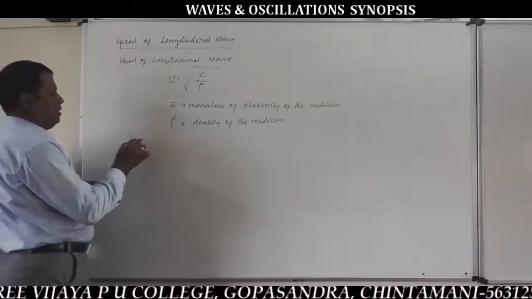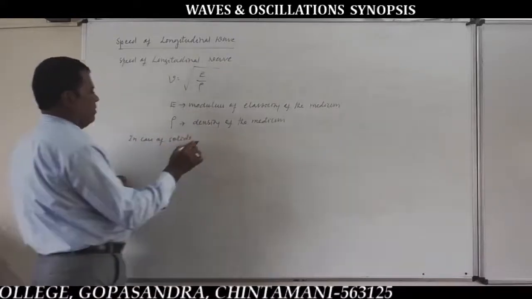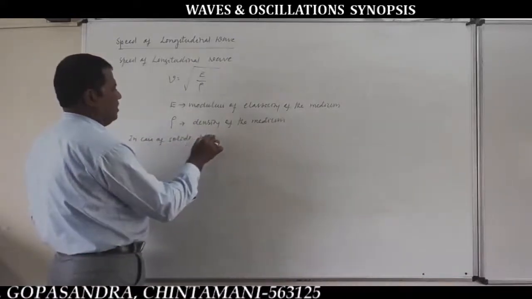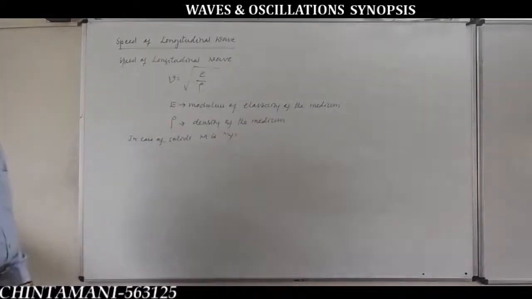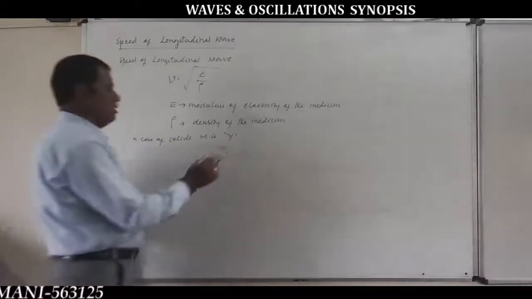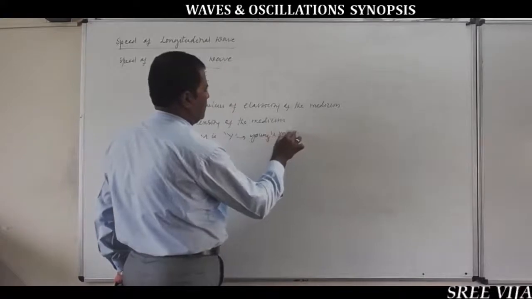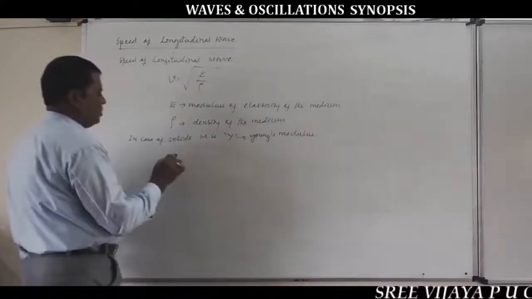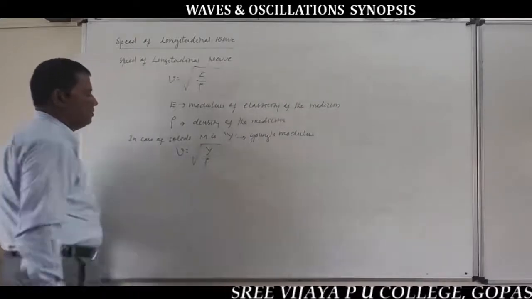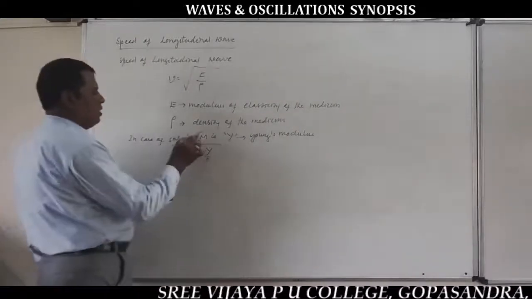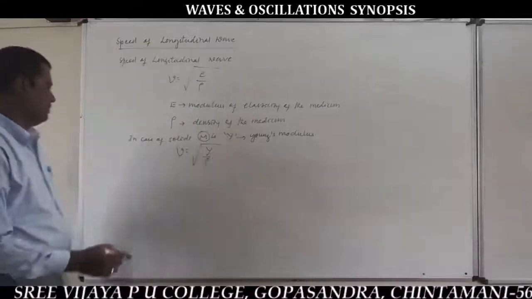In case of solids, the modulus of elasticity is nothing but the Young's modulus Y. So therefore we get V is equal to root of Y by rho. That is, in solids the modulus of elasticity is substituted by Young's modulus.